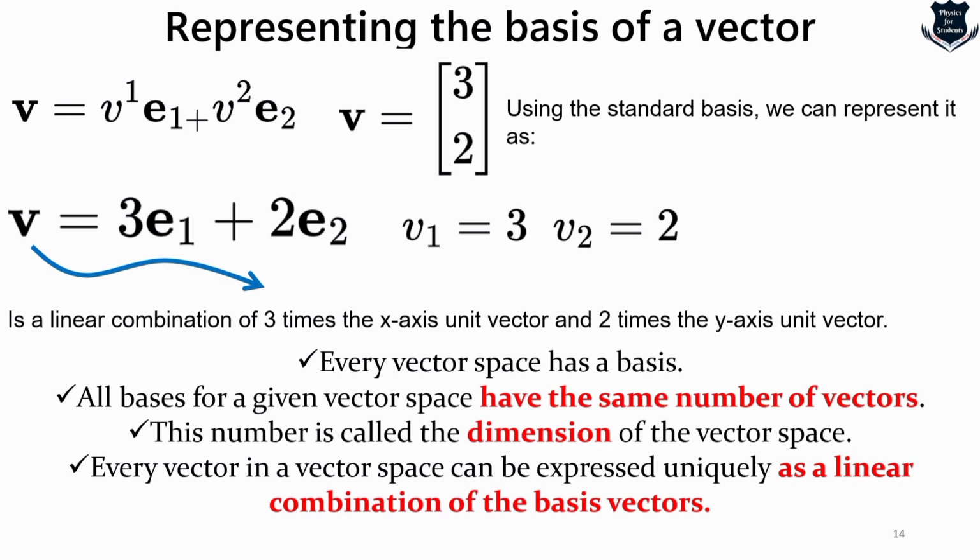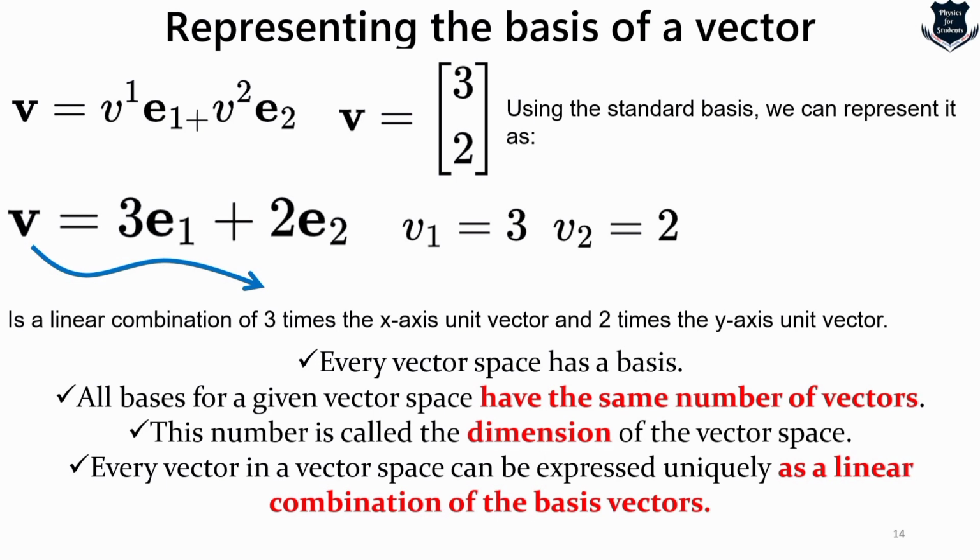All bases for a given vector space should have the same number of vectors. This number is called the dimension of the vector space. And every vector in a vector space can be expressed uniquely as a linear combination of the basis vectors. This is super important.